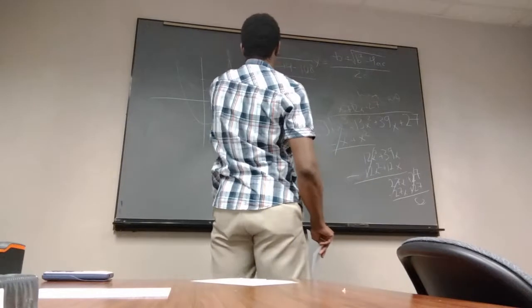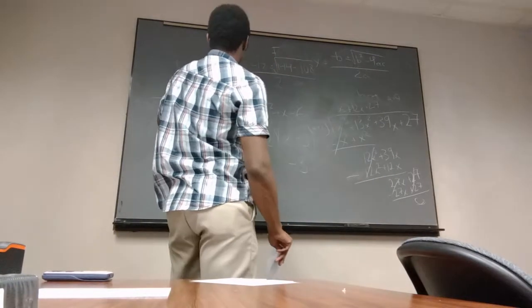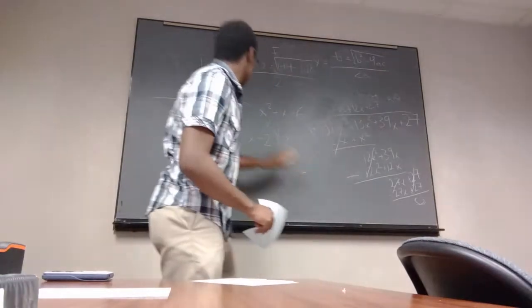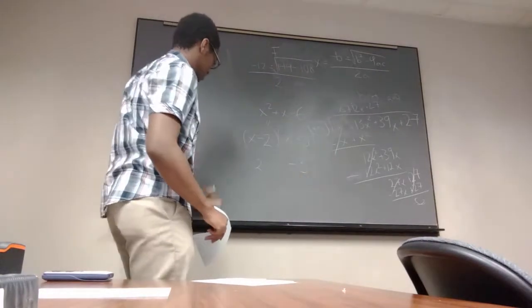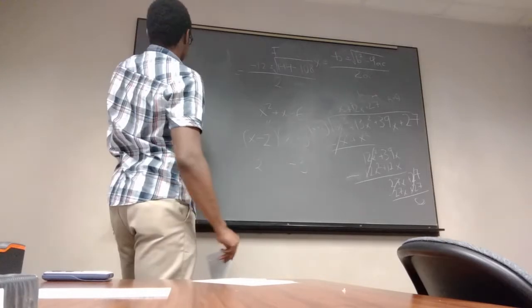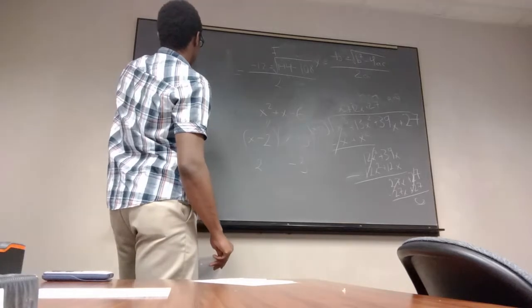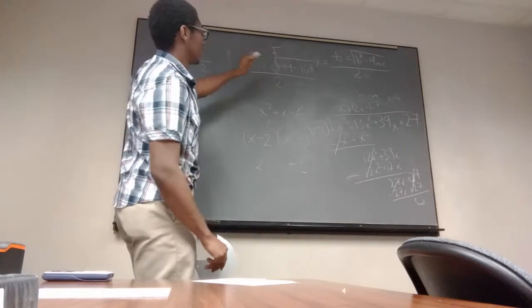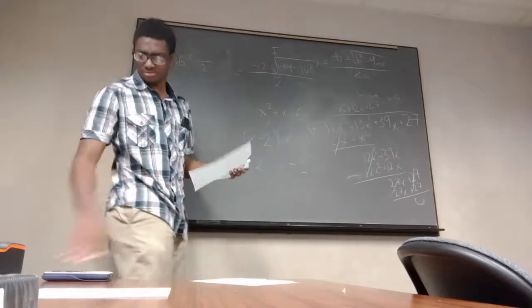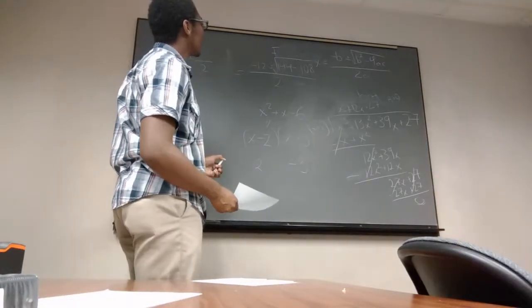Okay. So let's simplify this over here. It's negative 6, which is negative 12 over 2, plus or minus this thing over 2. 144 minus 108. Here's a calculator, if you can do that real quick.